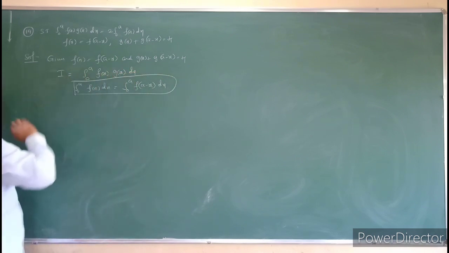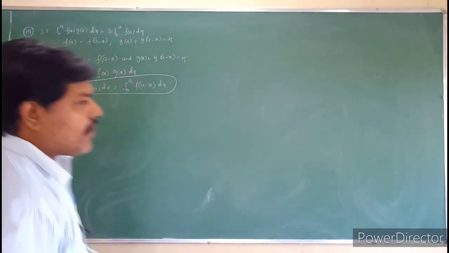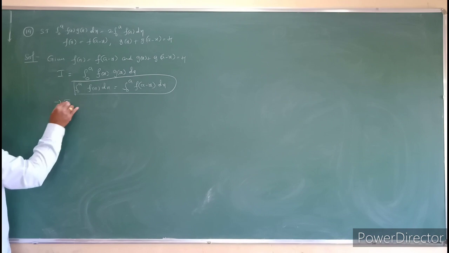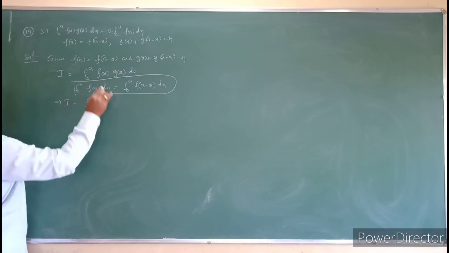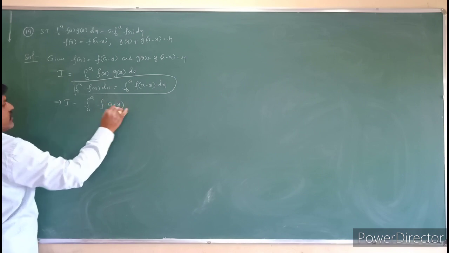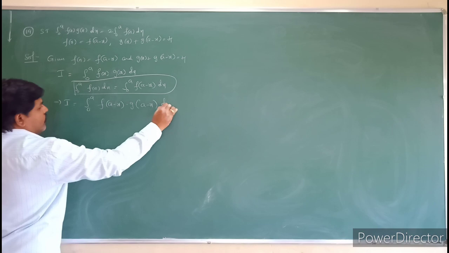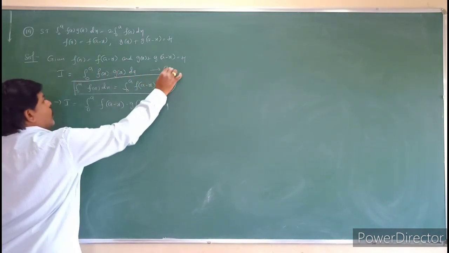This formula I am going to use, meaning in the place of x we use a − x. So I is equal to the integral from 0 to a of f(a − x) g(a − x) dx. Take this as equation number 1.